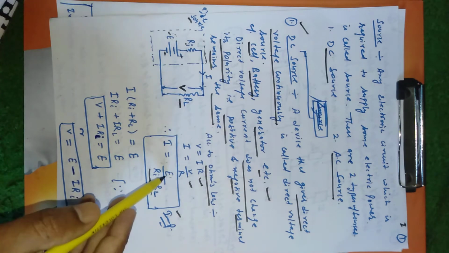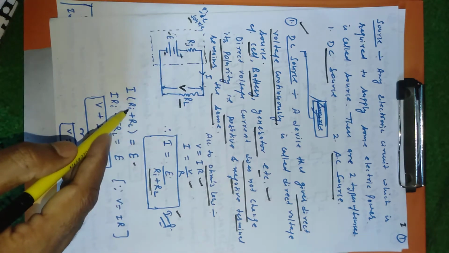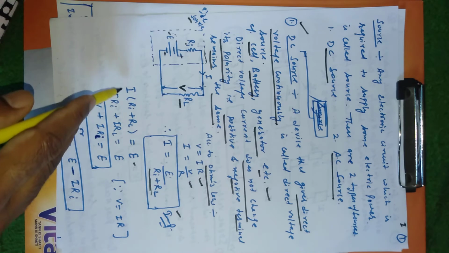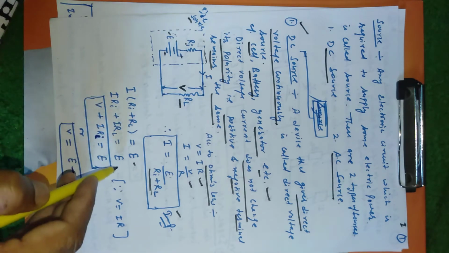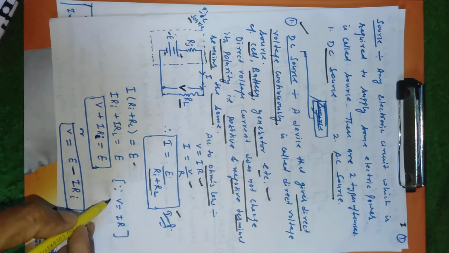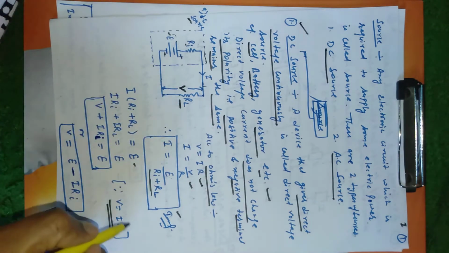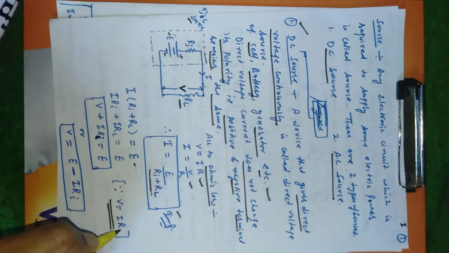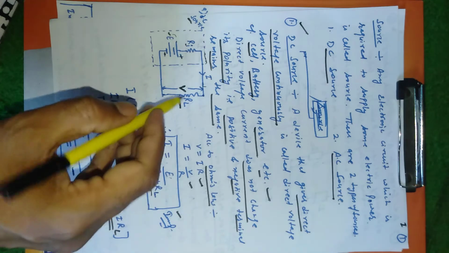Opening these equations, E is equal to, cross multiplying, I times Ri plus RL. So by multiplying current with Ri and RL you will get this, and we know that V is equal to IR. Output voltage is across RL, the load resistance.